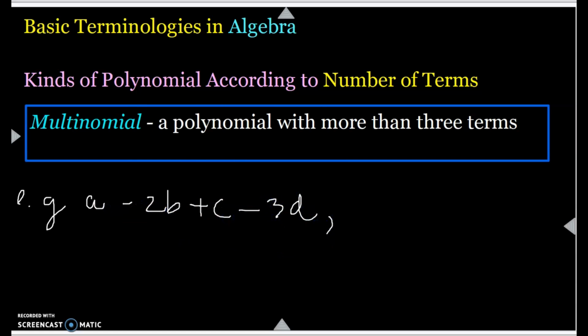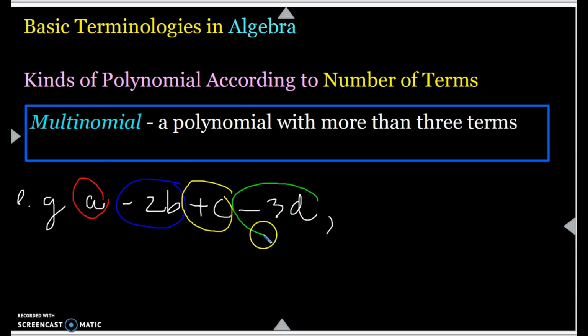As you can see, there are 4 terms in the given. The first term is a, the second term is negative 2b, the third term is c, and the fourth term is negative 3d. You can also have 5 terms or more. So suppose we have 5 terms. We write it as x to the 5th minus 4x squared.